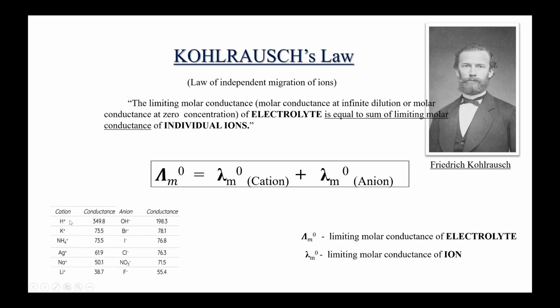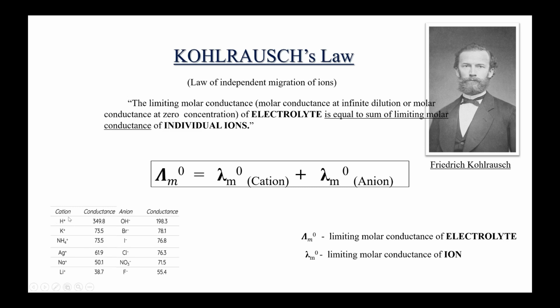So H plus, when it is infinitely diluted, the molar ionic conductance, it means the number of H plus ions is Avogadro's number, and which is infinitely diluted, it means it is not under the influence of any electrostatic force of either cation or anion or any neighboring ions. That time it gives the conductance 349.8 Siemens centimeter square per mole.